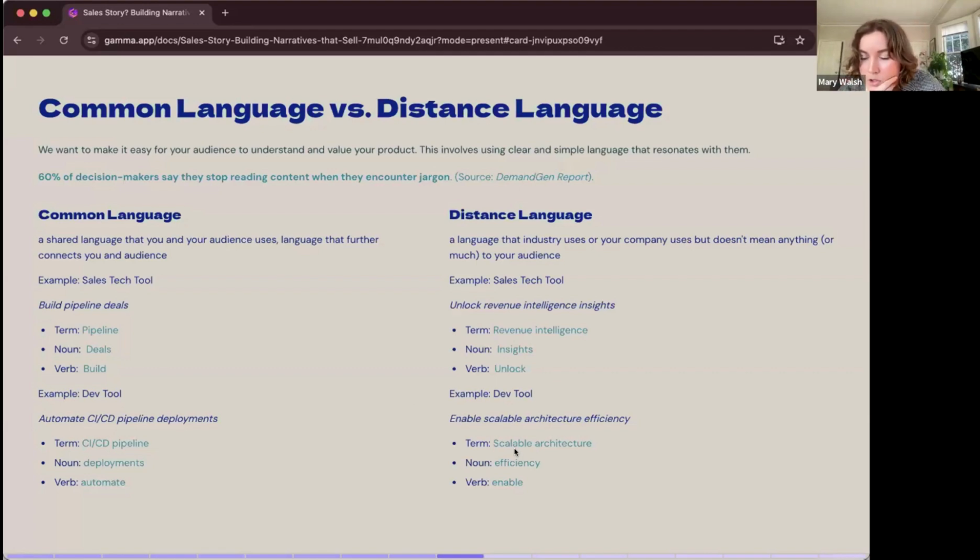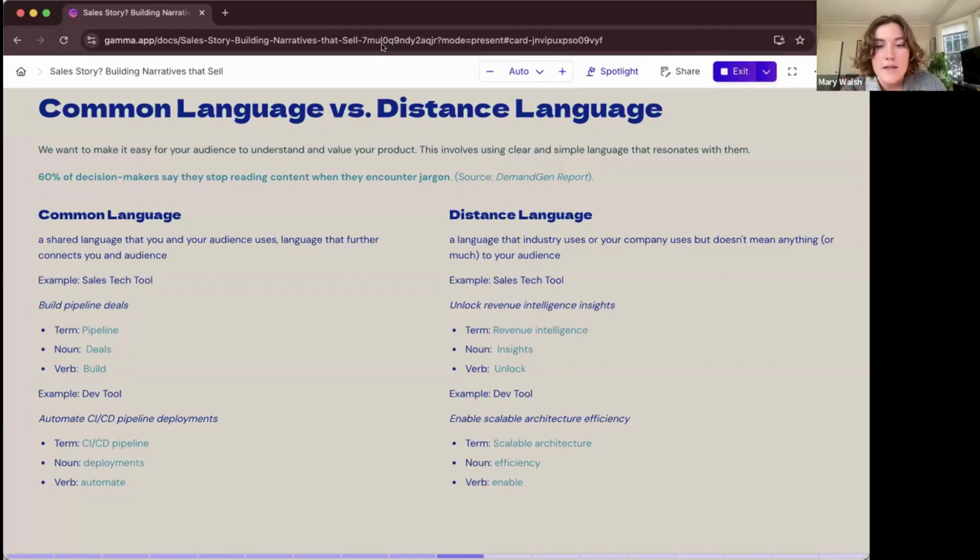Can I see your question? How would you rephrase that distance language example? On the left-hand side, I'm being very simple. I'm not saying post this on your website, but specifically for the revenue intelligence one, if it's a tool that provides revenue intelligence insights, I would want to get more specific about what that tool does for that problem.